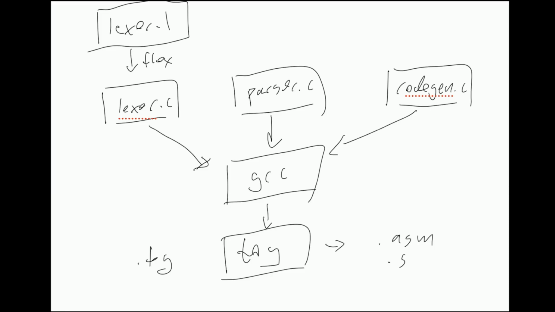And for this class, we're using a classic tool called Flex. And same thing for the parser. Instead of writing this complex recursive C program, we can generate the C program that does the processing of the syntax of the input program, and generate the parser for us.